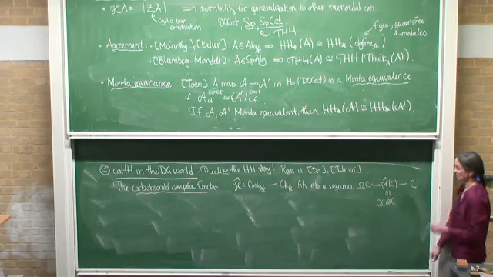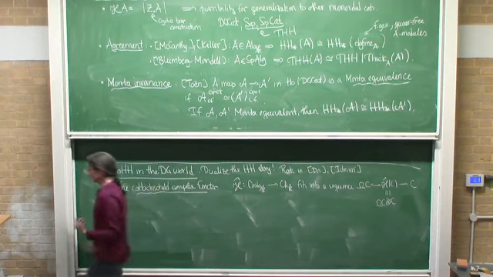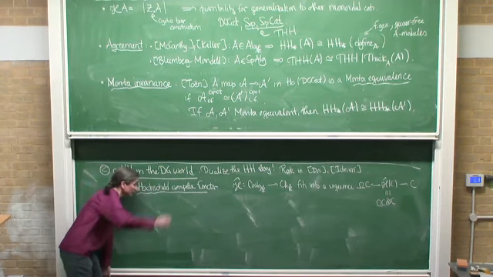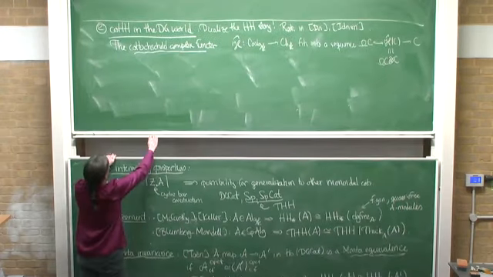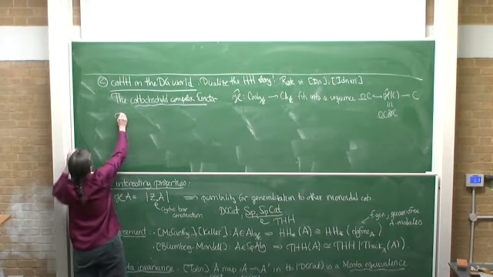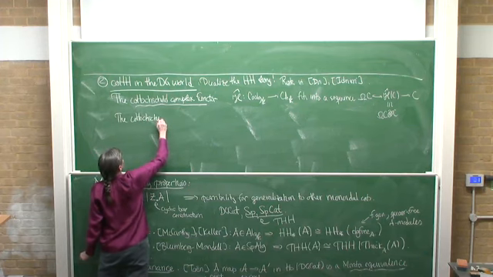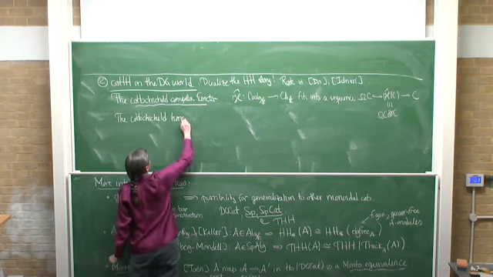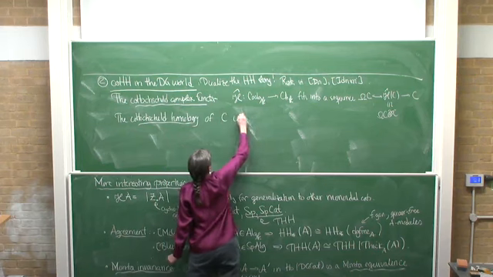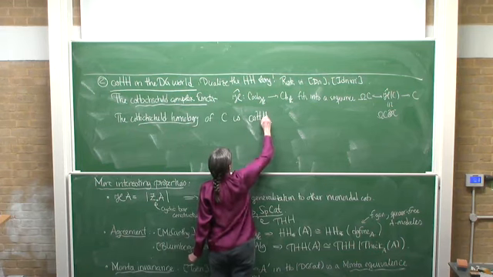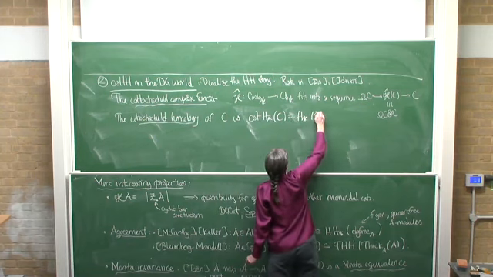So there's a way of twisting these together to get this coHochschild construction. The definition is strictly dual to that of the Hochschild complex. And then the coHochschild homology of C, which I write coHH of C, is just the homology of this complex.